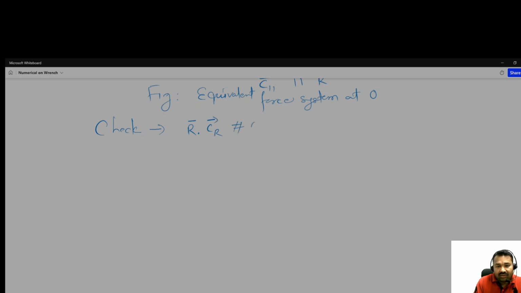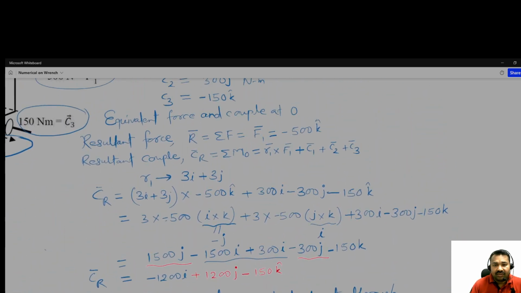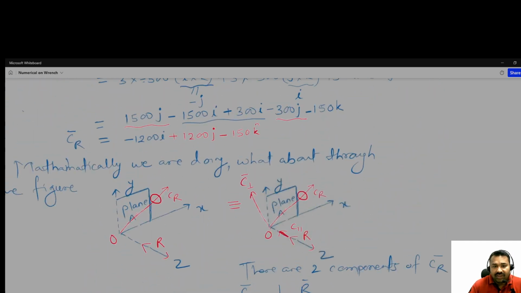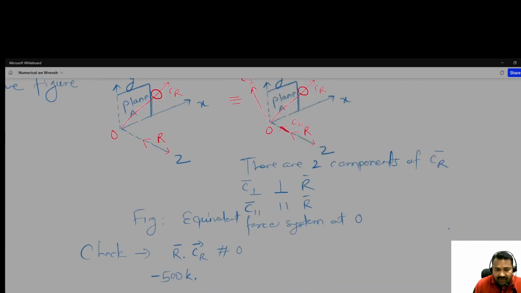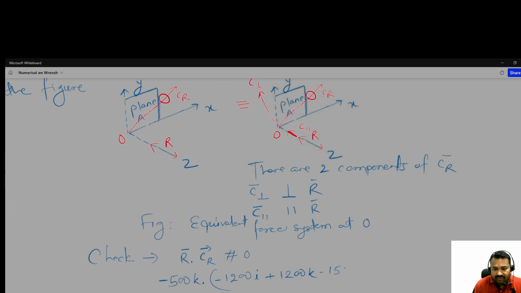So both are not perpendicular, and we can verify this. R is minus 500K, and CR is minus 1200I plus 1200J minus 150K.